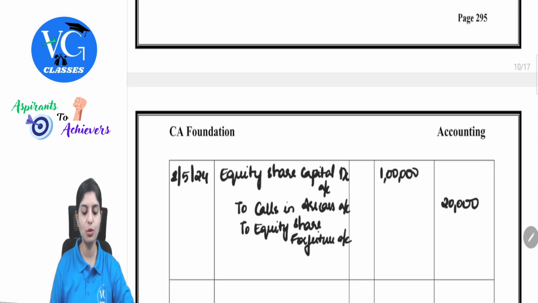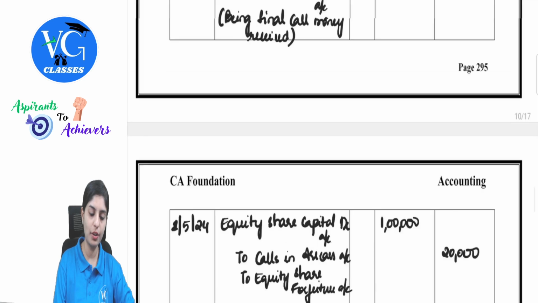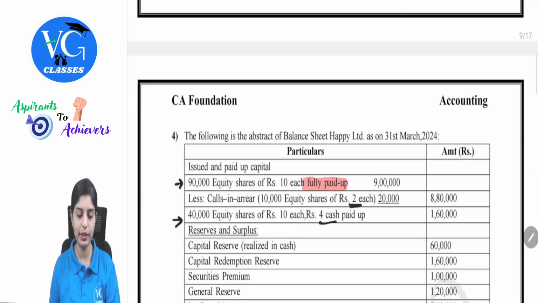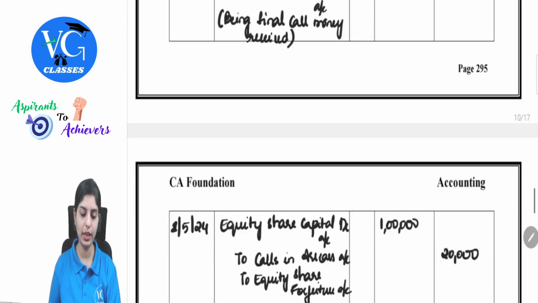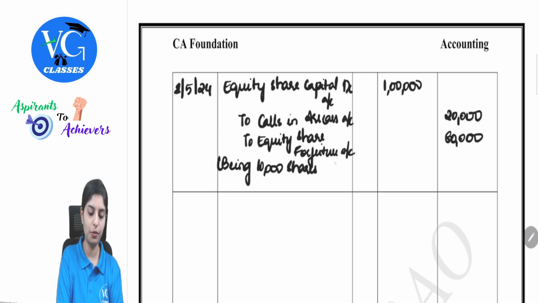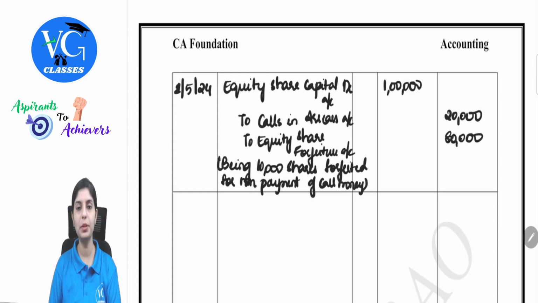So what is the balance which goes to share forfeiture? It will be the amount already received. Here, if you observe, calls in arrears was 2 each. That means out of 10, 8 was already received. So 10,000 into 8, that will be 80,000. Being 10,000 shares forfeited for non-payment of call money. Clear with this?